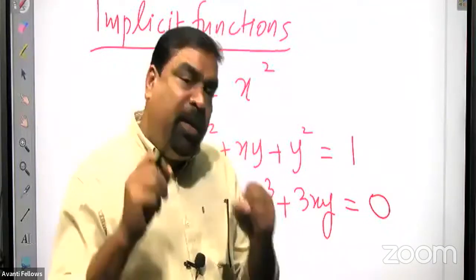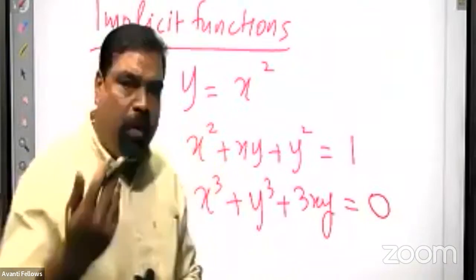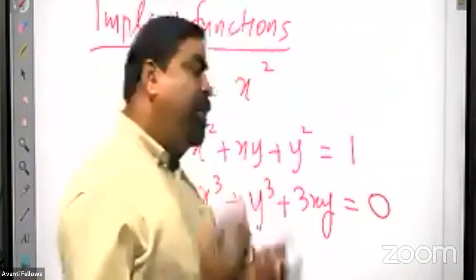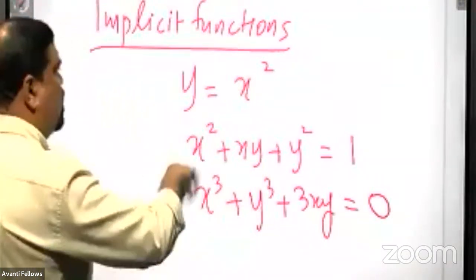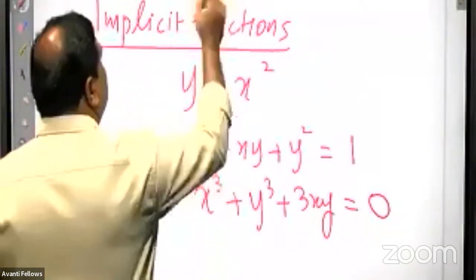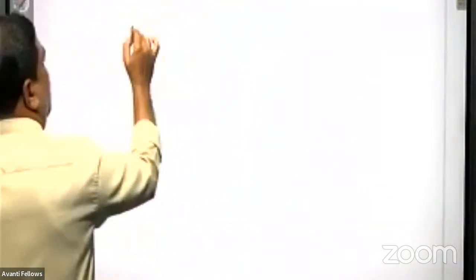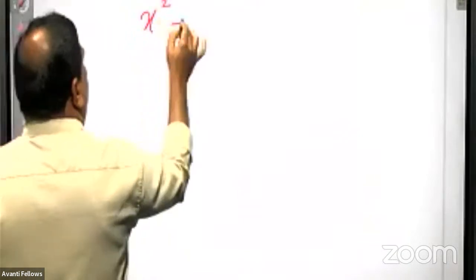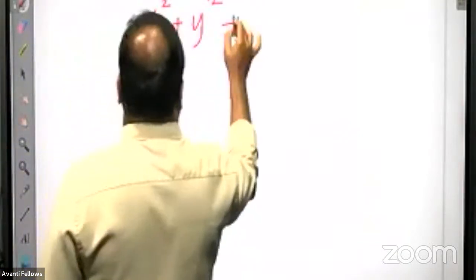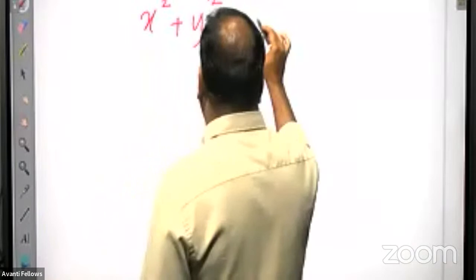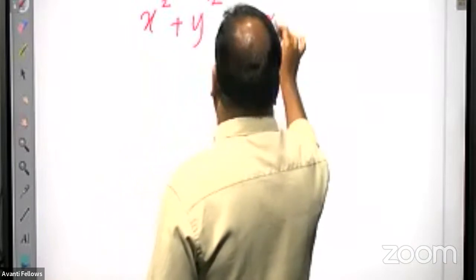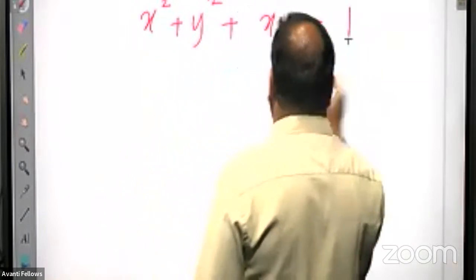So in this case, how to find the derivative? How to find dy by dx? This is known as implicit differentiation. For example, I will take x square plus y square plus xy is equal to 1.